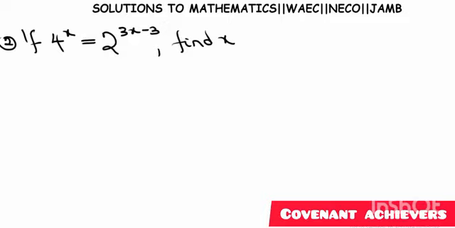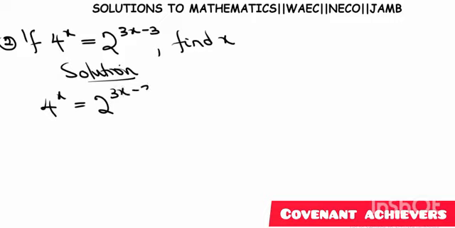The question says if 4 raised to power x equals 2 raised to power 3x minus 3, find x. Let's see what the solution is all about. Here we have 4 raised to power x equals 2 raised to power 3x minus 3.